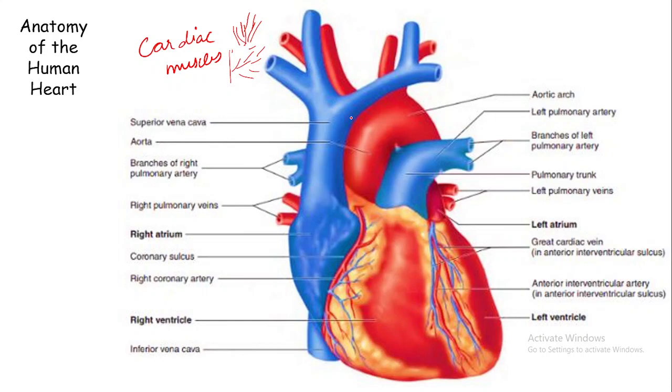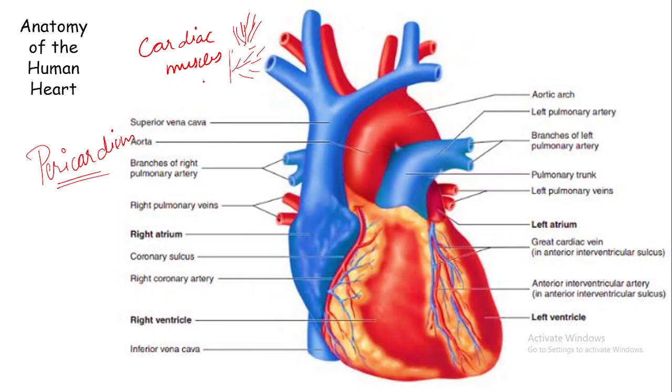heartbeat going. Externally, the heart is covered by a connective tissue sheath called the pericardium. This is present outside the cardiac muscle. This structure maintains the size and shape of the heart.